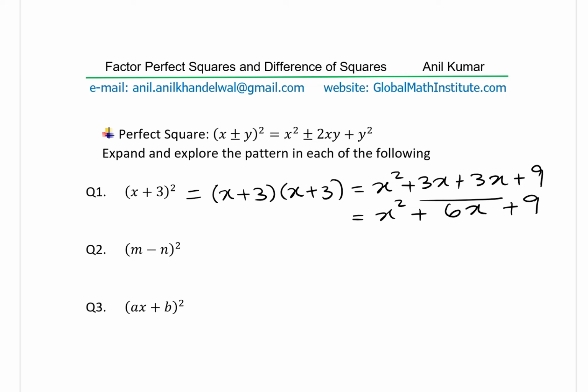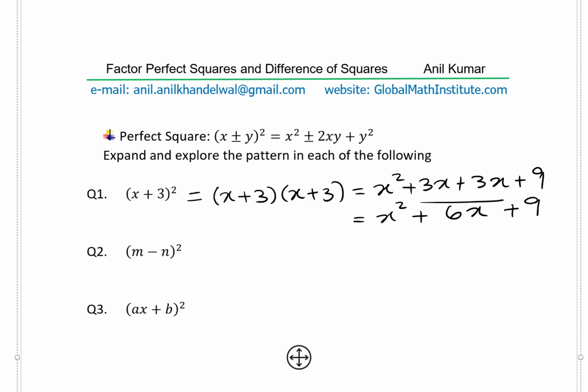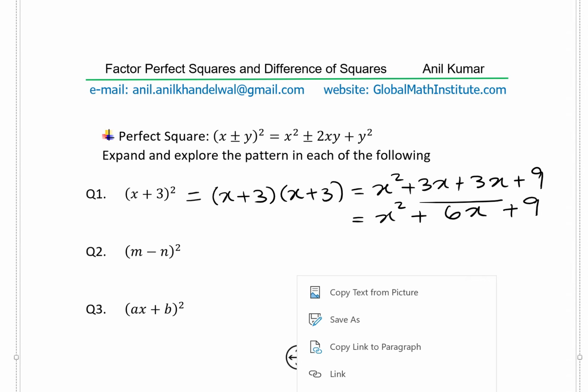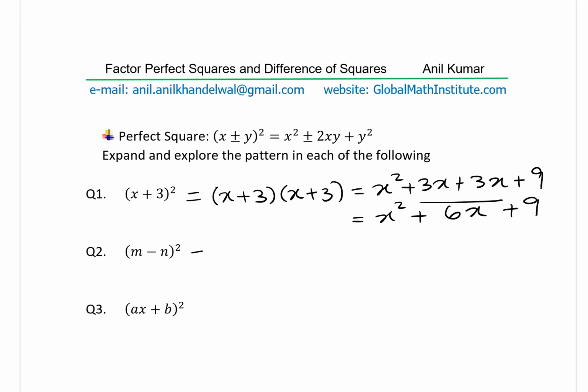Perfect. Now let's do the next one, which is m minus n whole square. Now if it is m minus n whole square, then how does it work out? Well, that really means that we have to multiply m minus n by itself. So let's do it. m minus n times m minus n.